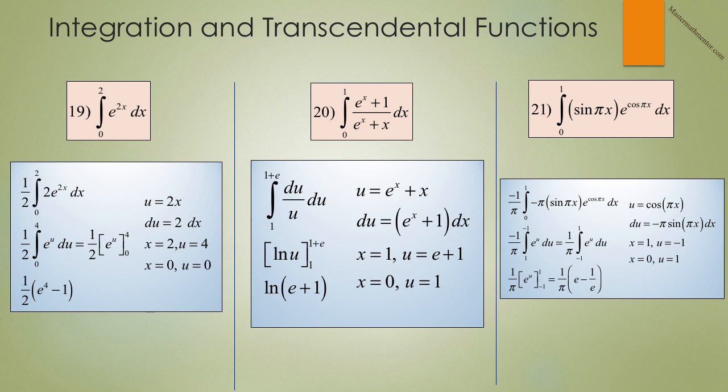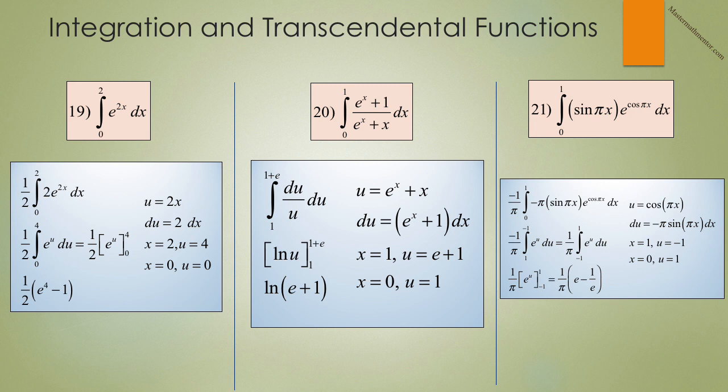So this becomes negative 1 over pi the integral from 1 to -1 of e to the u du. We can eliminate the negative by changing the limit order. So we get 1 over pi, the integral from -1 to 1 of e to the u du.